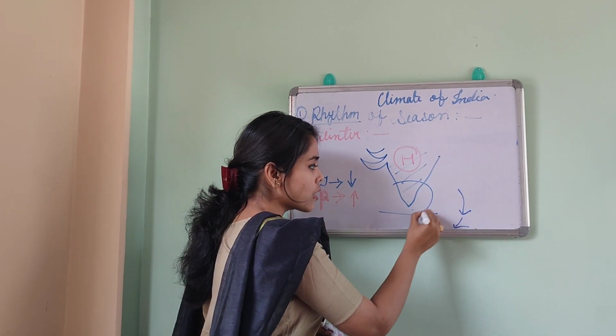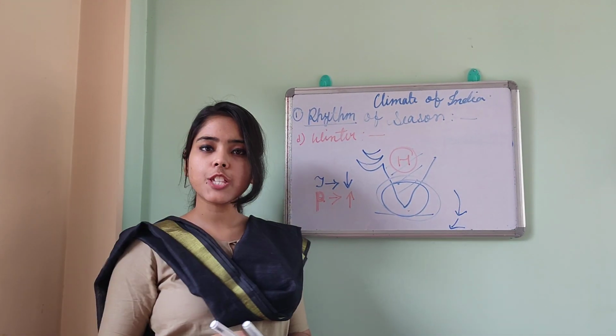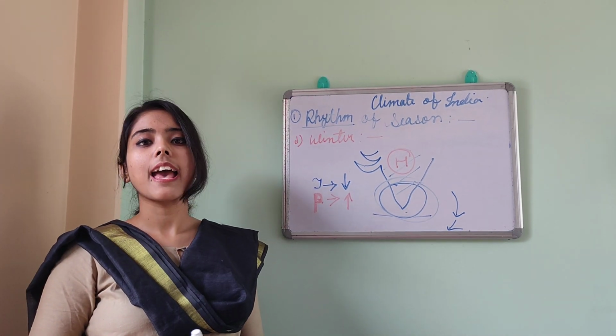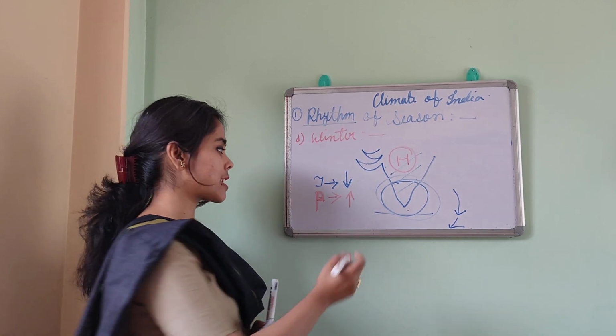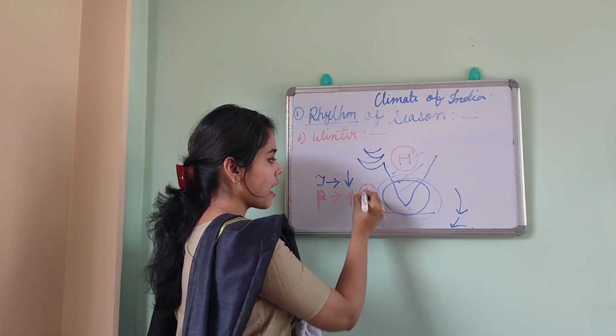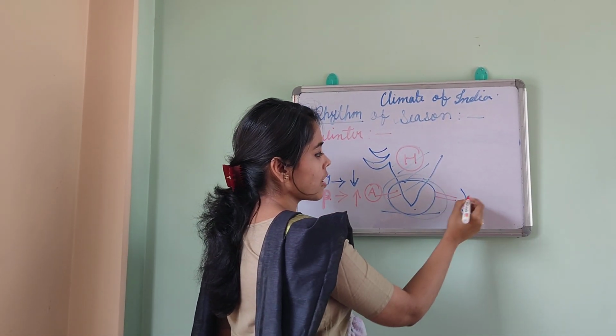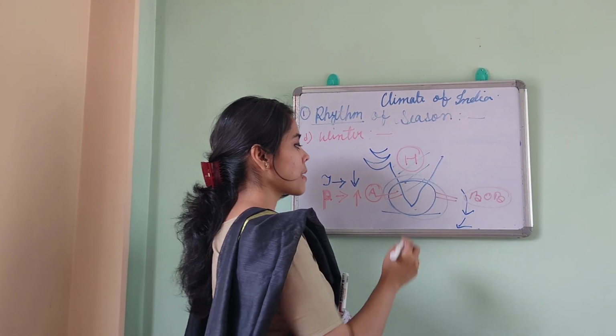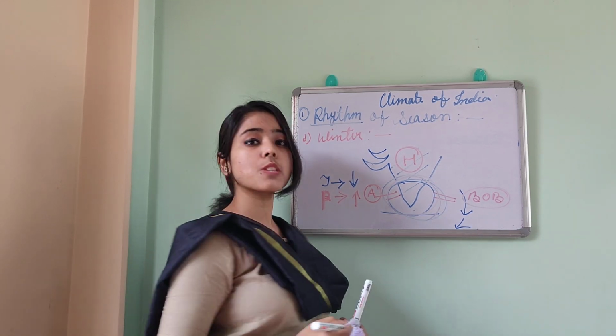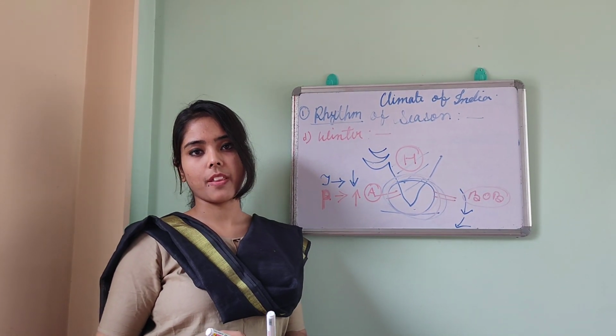But in the southern zone, like here, this region will not experience that much low temperature. Why? In the last class I discussed, because of the influence of ocean bodies, it will experience a moderate type of climate.